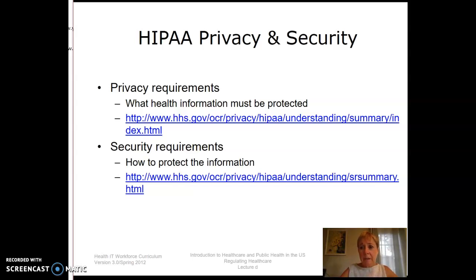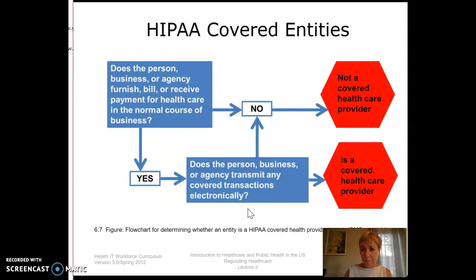The second part of HIPAA is security requirements, and that goes into how do you protect that information. Both the web links in here have a summary of the privacy requirements and the security requirements, and I would highly recommend that you become very familiar with these because you're going to be expected to know them.